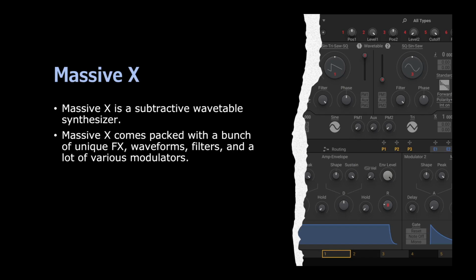So starting off with Massive X, it's a subtractive wavetable synthesizer. It comes packed with a bunch of unique effects, waveforms, filters, and a lot of various modulators. Now, I want to stress at this stage, if you're not sure of any term, don't worry about it. By the time we finish this course, you'll be an expert.